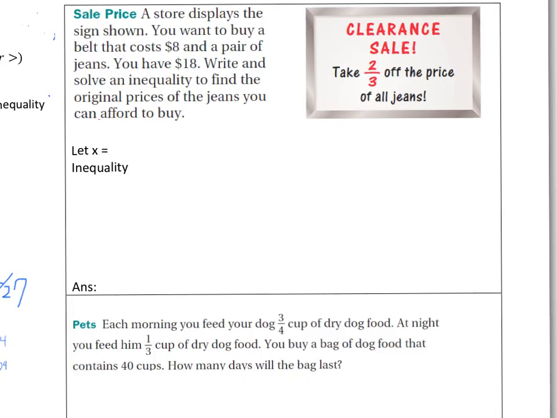Okay, sale price. A store displays the sign shown. Clearance sale. Take 2/3 off the price of all jeans. So if I say X is the original price of the jeans, and I take 2/3 off of the price, 2/3 X will equal the amount of the discount.